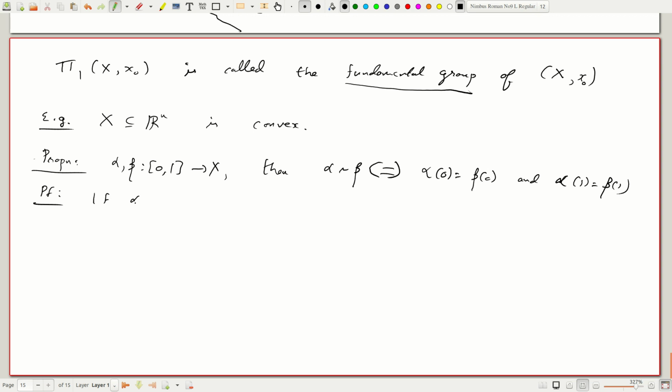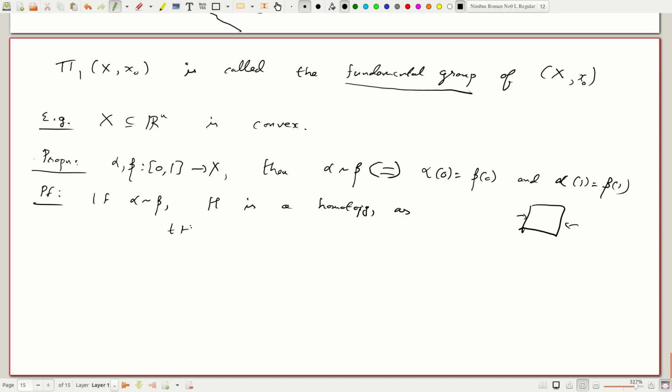If alpha is homotopic to beta and H is a homotopy, remember what was one of the conditions of a homotopy? It's a homotopy fixing endpoints. These are constant functions.